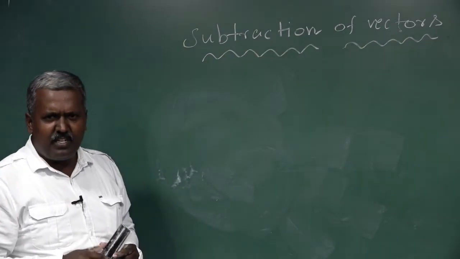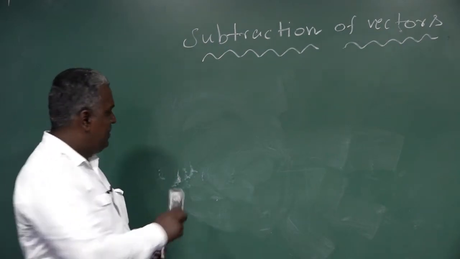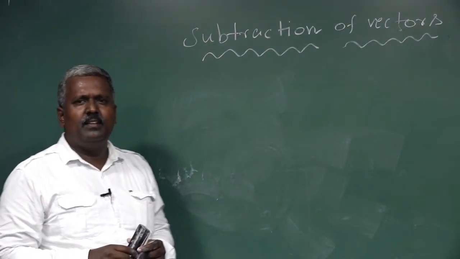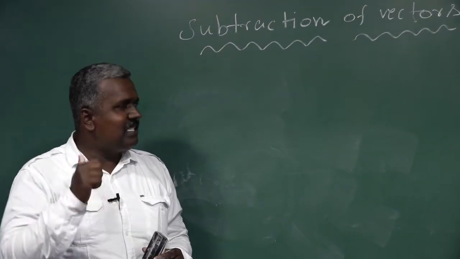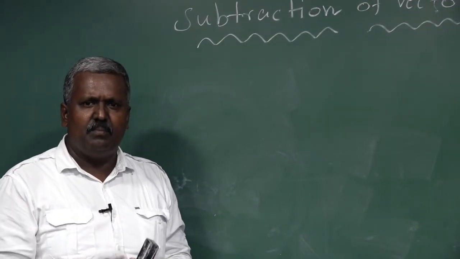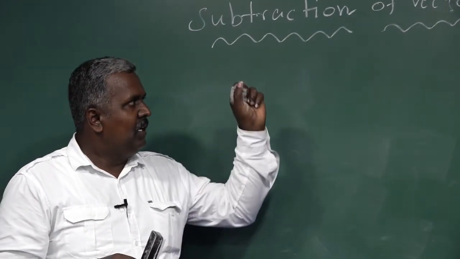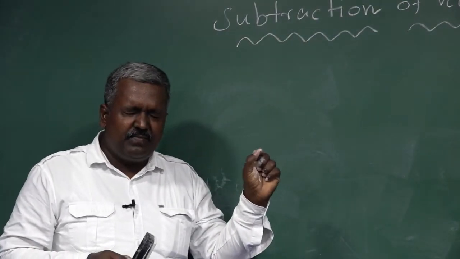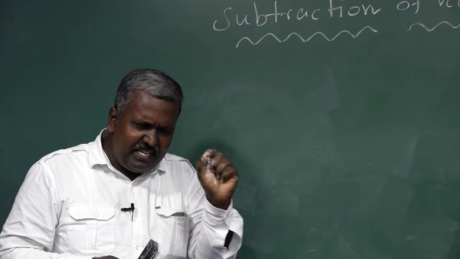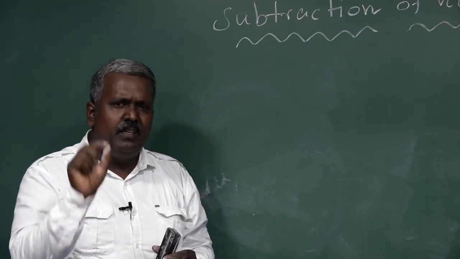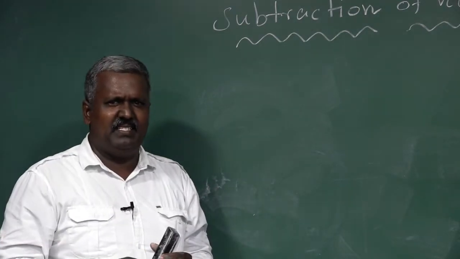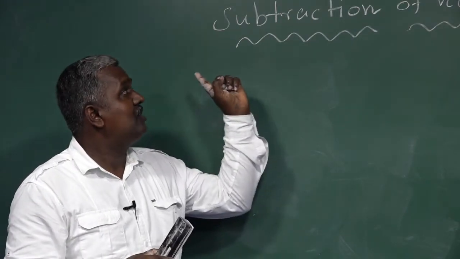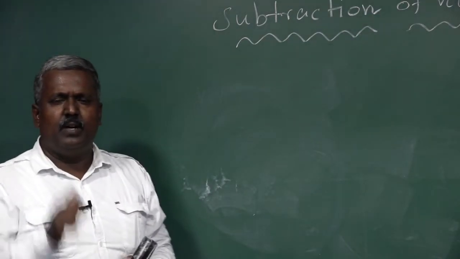Yesterday's class. Remember or not? First, just recall in your mind. What is the reason for this? Because after studying addition of vectors completely, you can write about subtraction of vectors very simply within 2 or 3 minutes. How?